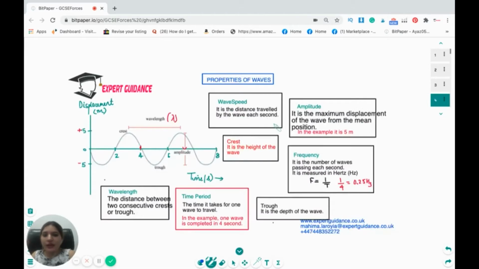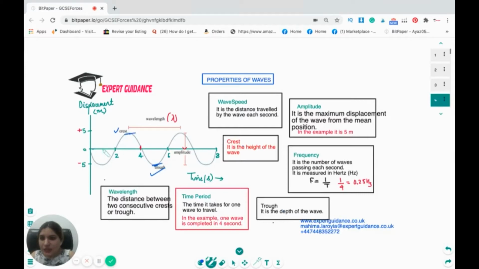All right. Now let's move on to some of the key terms that you should know for the wave. If you look at this diagram here, this is a transverse wave, and you can easily see this top point is a crest and the bottom point is a trough. Crest is the height of the wave, and trough is the depth of the wave. So this is the trough and this is the crest.